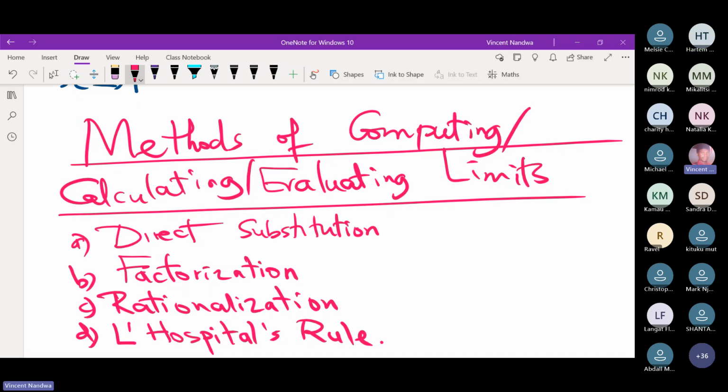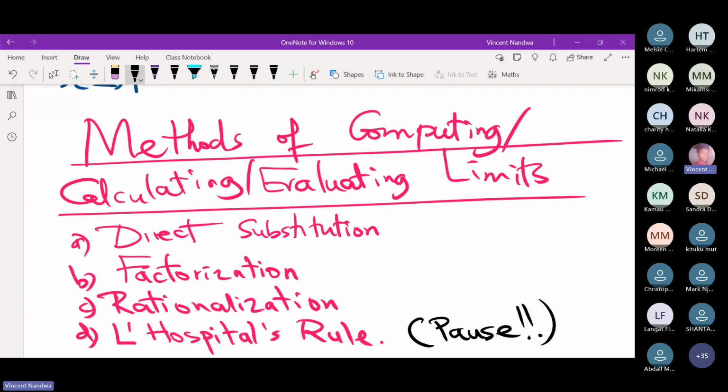So then we will discuss, I want to give problems, and in these problems we will be discussing any of these rules that I'm stating here. But just to make things clear, this one cannot be done at this level because you're still young. You need to understand the concept of differentiation to be able to apply L'Hospital's rule.